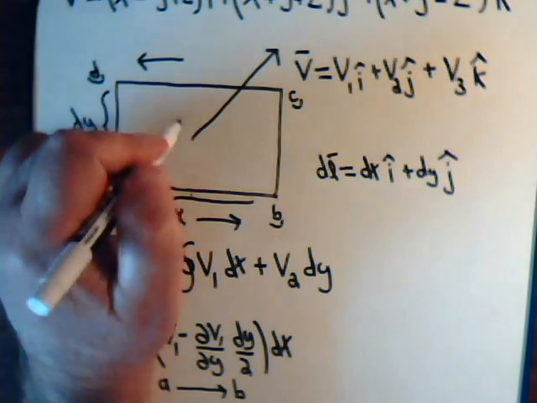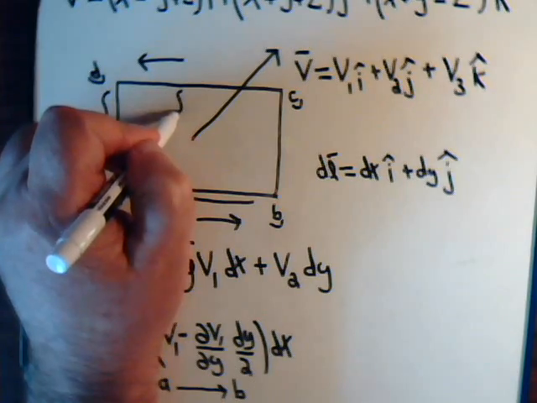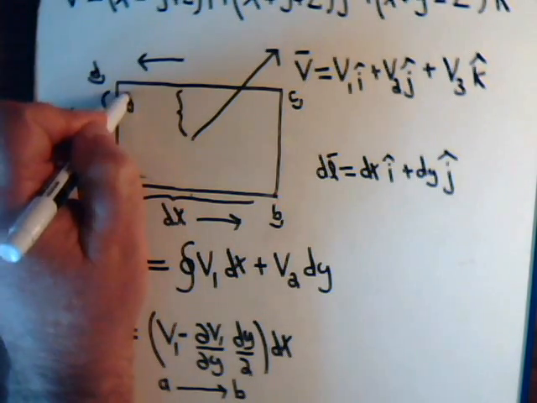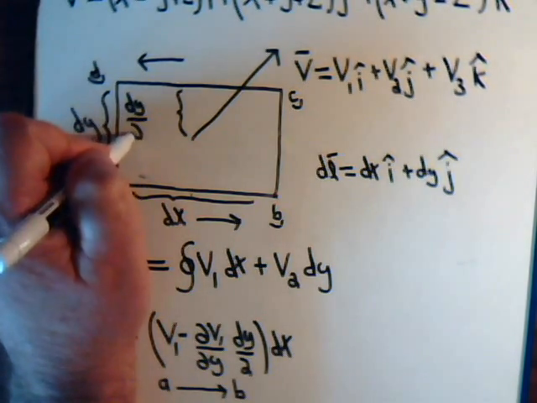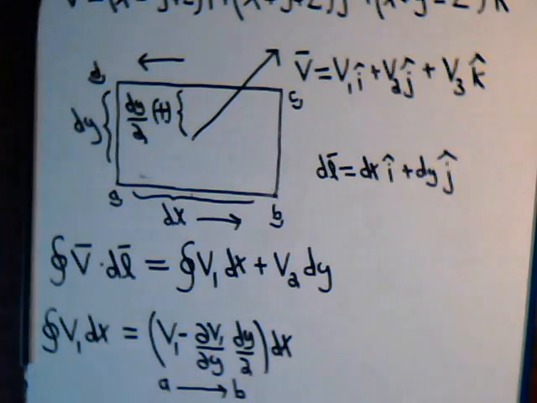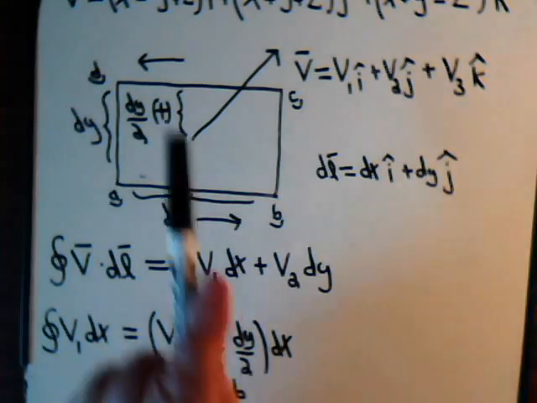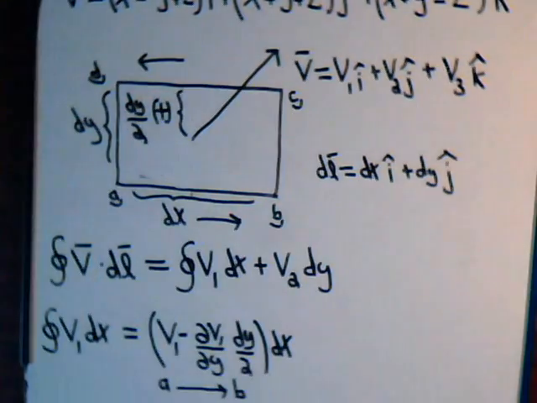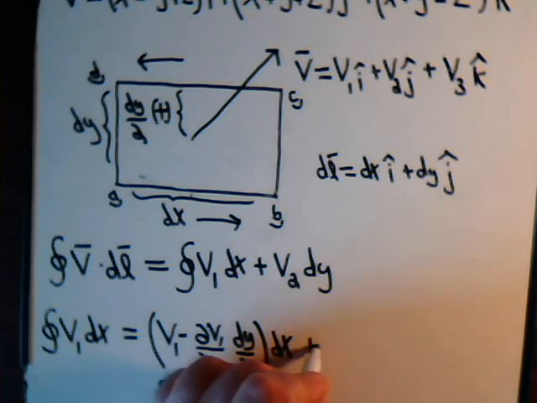So that means we have to move it up a distance of dy over 2, and up will be in a positive direction. So for here, the new value for v1, as we move up to here, this will be plus.